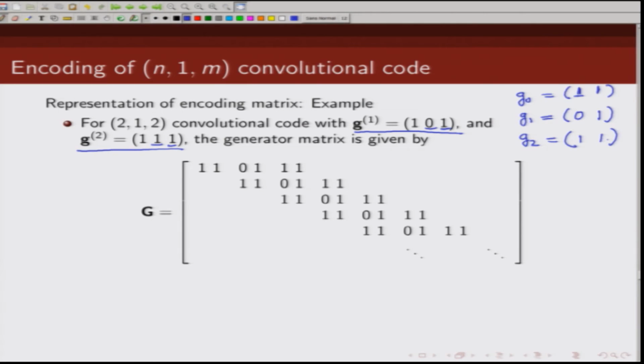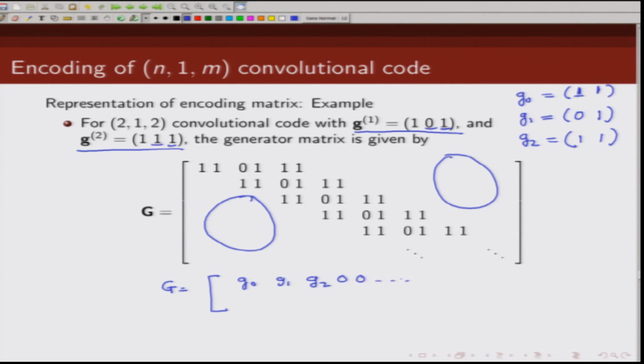So I can then write my generator matrix, which is of the form G0, G1, G2, and the rest all of these are basically 0. This is G0, G1, G2, and then these are all 0. So what is G0?